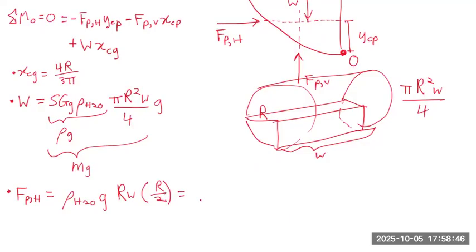So simplifying, we have that the magnitude is equal to rho H2O times G times 1/2 times R squared times W.